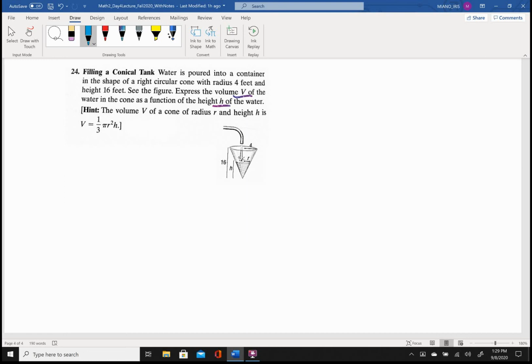So notice that when the cone is completely full, a full cone has a height of 16, right? And the radius is 4. Now, as the level of the water goes less than that and approaches a full cone, the relationship between the height and the radius is proportional.